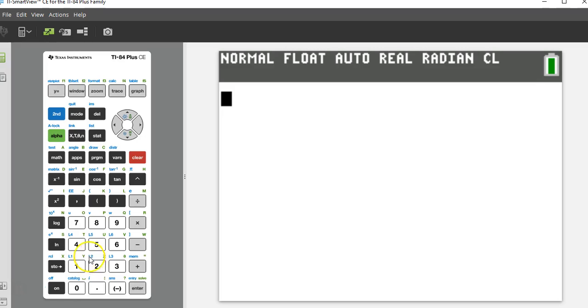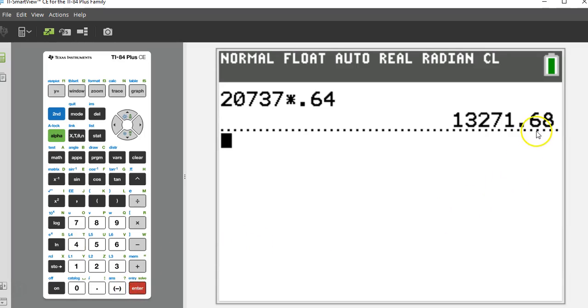So to figure out what I need to enter there, I'm going to go 2737 times 64%, and that gives me 1751.68. Now the calculator is not going to want that 0.68 part of that. It's going to give you an error. So I'm going to round that to the nearest whole number, which is 1752.